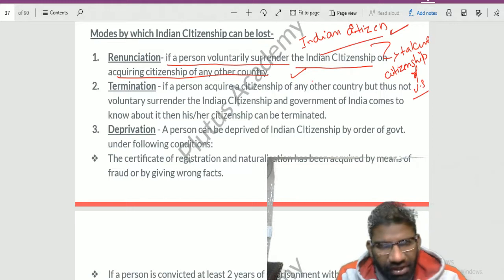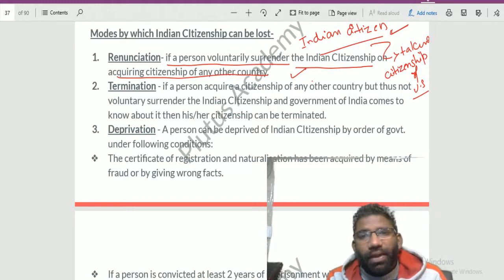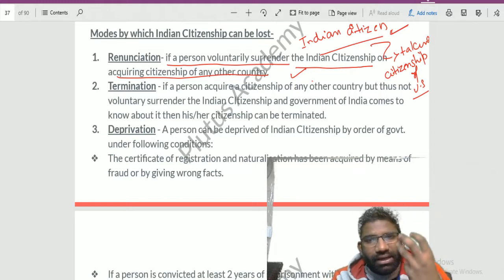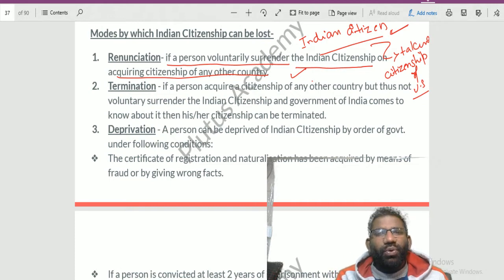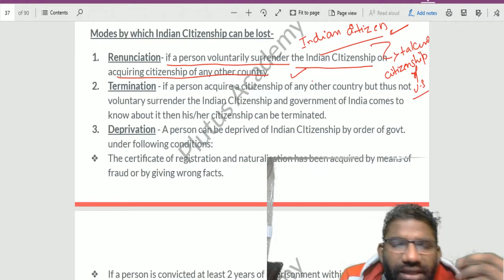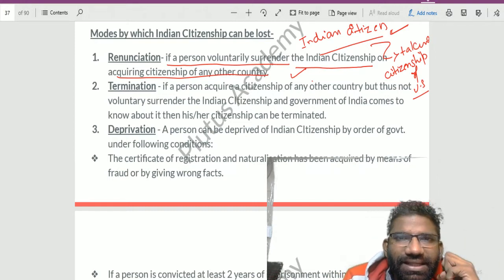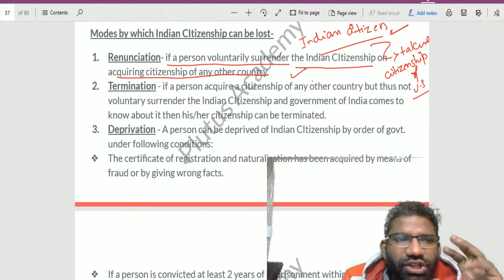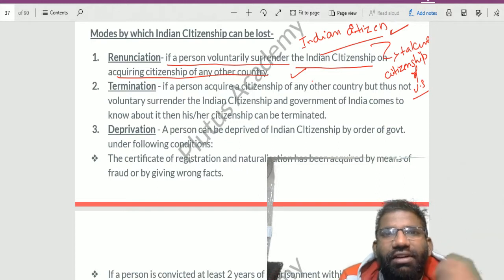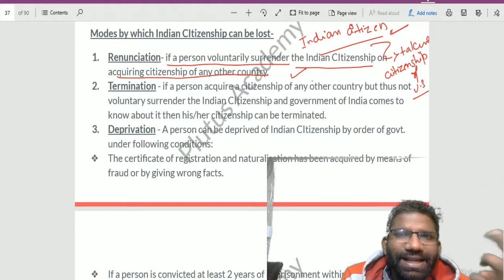That means he is showing a goodwill gesture. While taking citizenship of the US, he comes and informs the Indian authorities that he is giving away his Indian citizenship. That is renunciation. Willingly, he is giving up his Indian citizenship.